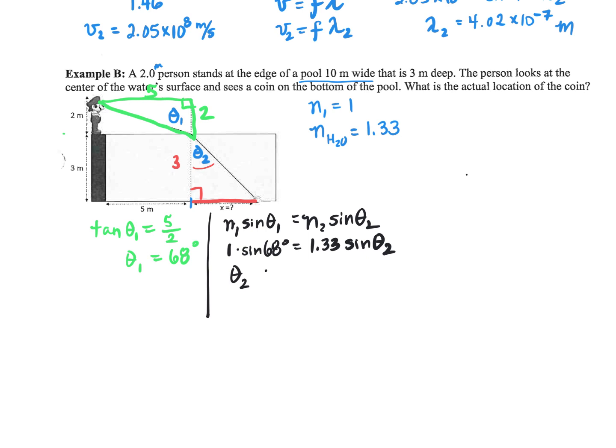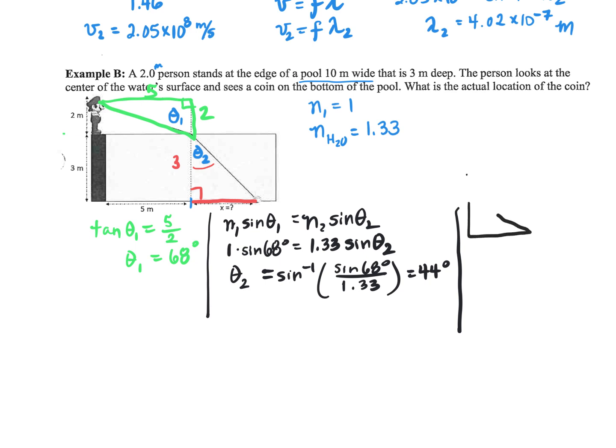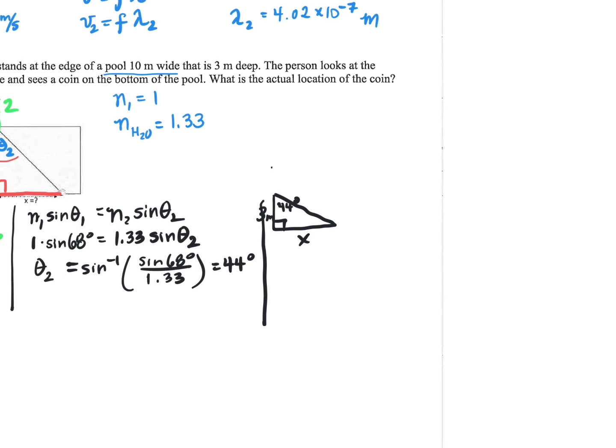It's the inverse sine, right, of the sine of 68 degrees divided by 1.33. Okay, so 44 degrees. And now finally, we'll go to this right triangle again, where we now know this is 44 degrees, and we know this is 3 meters, and we're looking for x, right?